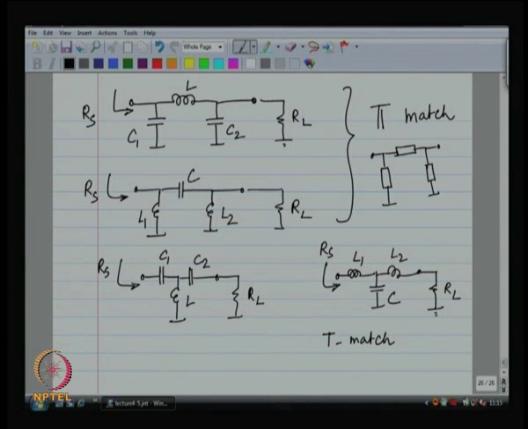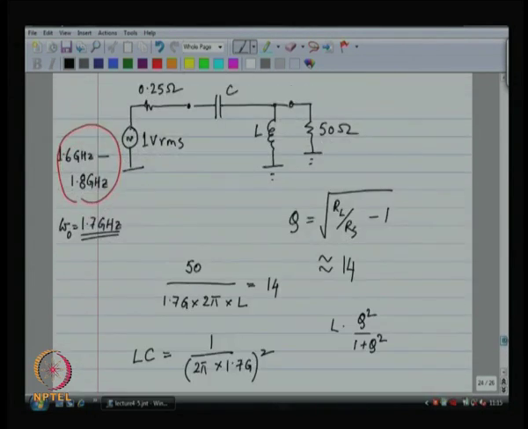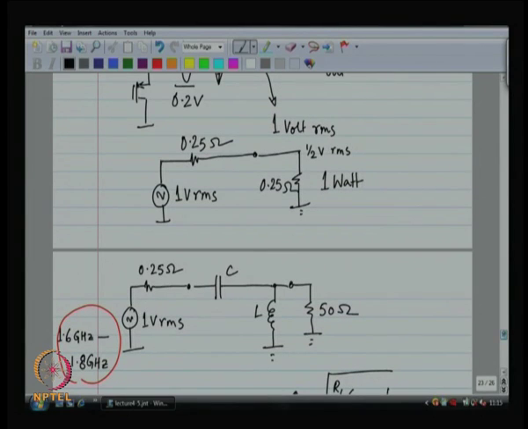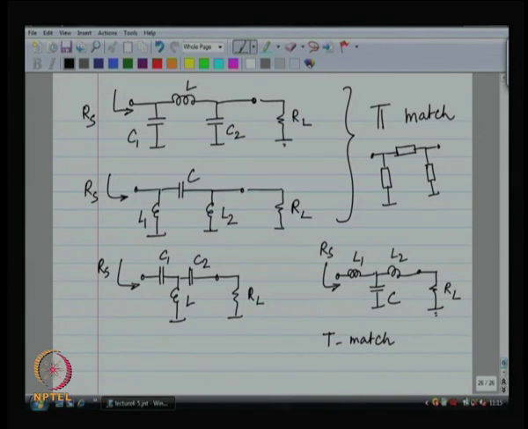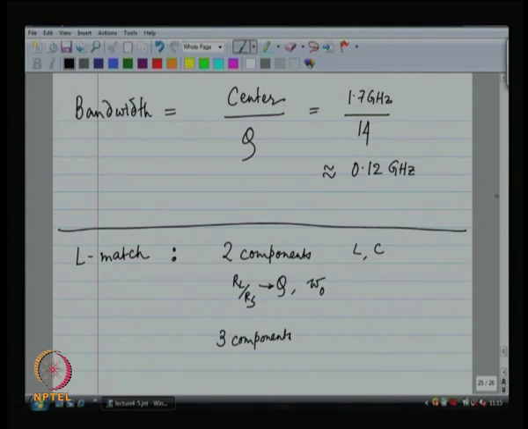Okay. So, so far today in the class, in this particular lecture, we studied the L match, which looks like an L, and then there are the remaining two, the pi match and the T match. And the reason why we probably will have to go for pi matches or T matches are because we need an extra degree of freedom, the bandwidth. Okay.